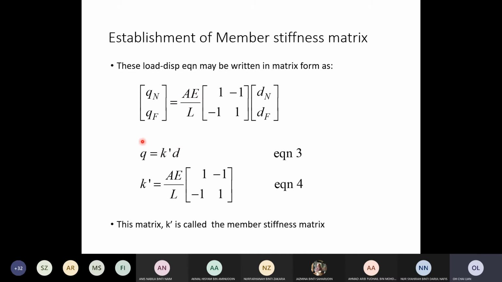You have seen this in the beam derivation earlier, where Q is equal to k prime d. So k prime for the truss is AE over L times the matrix 1, minus 1, minus 1, 1.